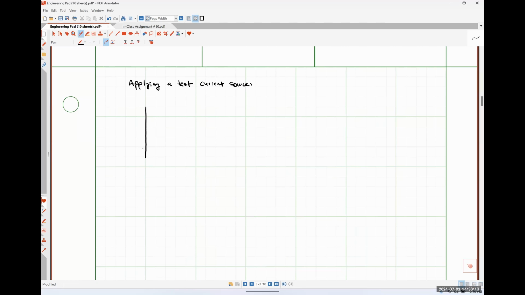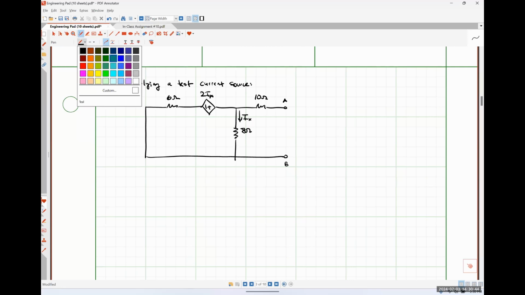So, redrawing my circuit. Across terminals A and B, I'm now going to put a current source.